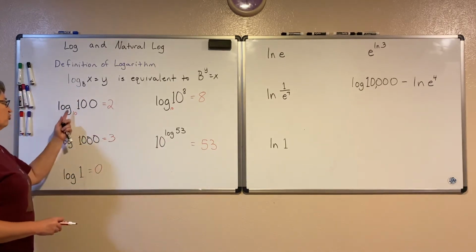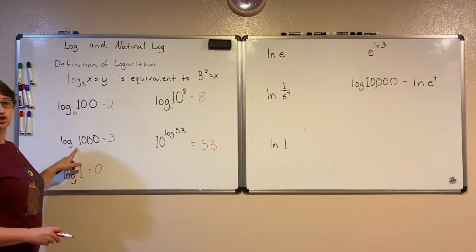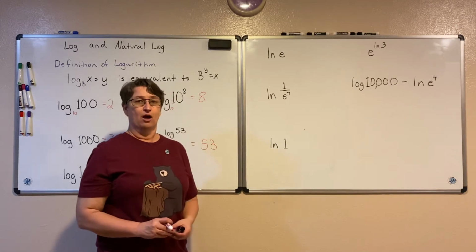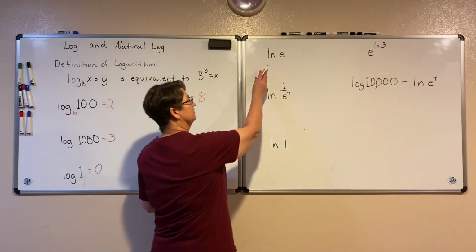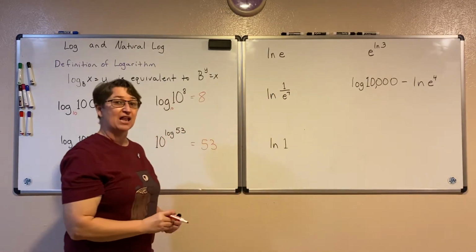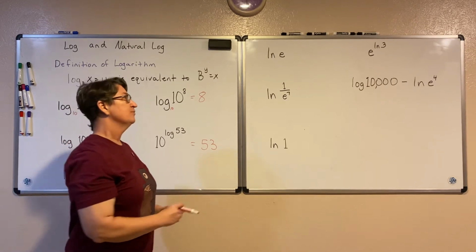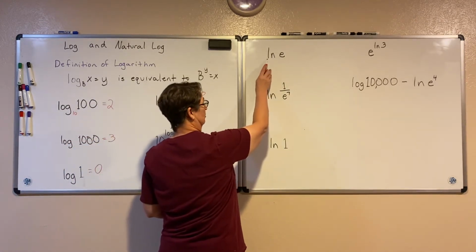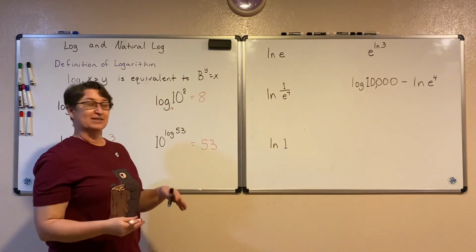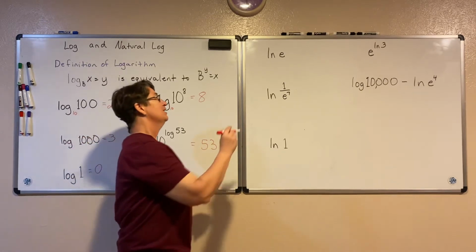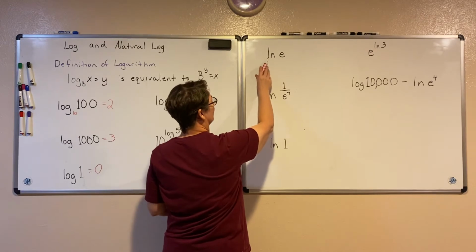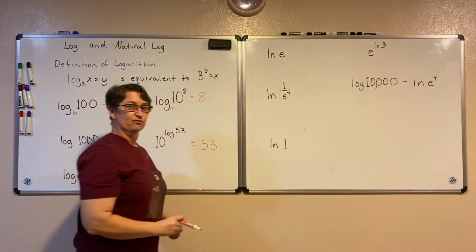So when I don't write a base, it's an understood base of 10. Here, I also have a log, but notice this one doesn't say log. Instead, it says ln. That is the letter L for log. This one is a natural log. Originally in French, the logarithm is followed by the adjective natural.